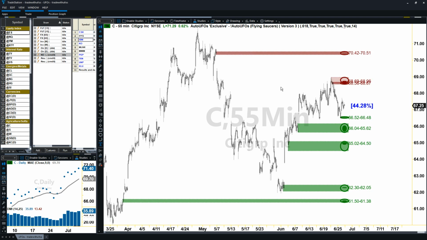So let's say you were doing an iron condor on June 26, and basically you see those two red UFOs, you see those two green UFOs, and basically you tell yourself, hey, you know what, I believe that from now until July 12, which is right here, I believe that that stock is gonna stay between the UFOs.